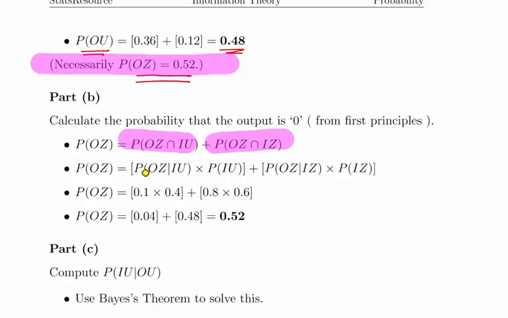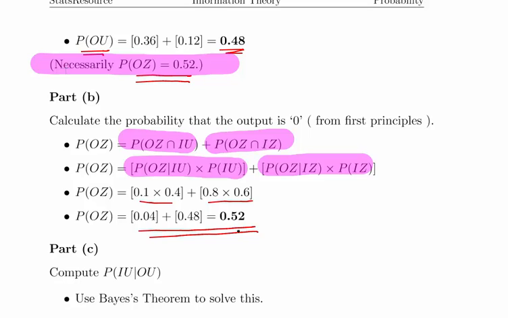Using the conditional probability formulas, we can express the probability of OZ and IU as the probability of OZ given IU times the probability of IU, and likewise the probability of OZ given IZ times the probability of IZ. That works out to be, using the numbers given in the question, 0.1 times 0.4, and 0.8 times 0.6. And that does work out to be 0.52 as we supposed.